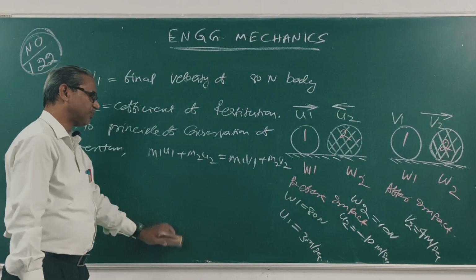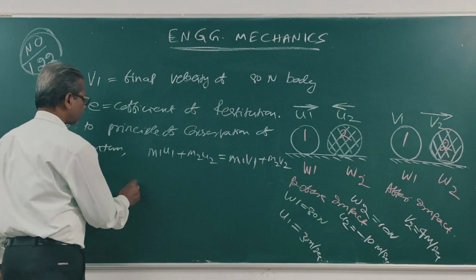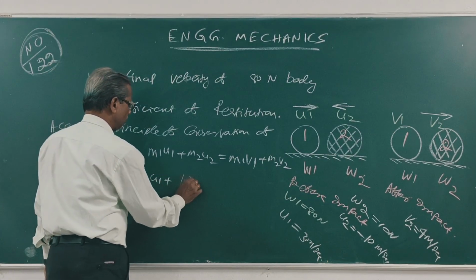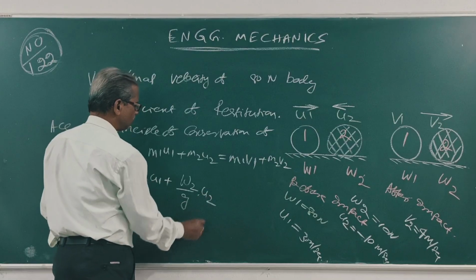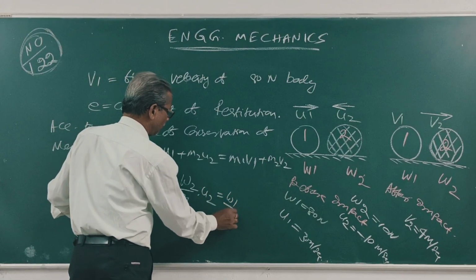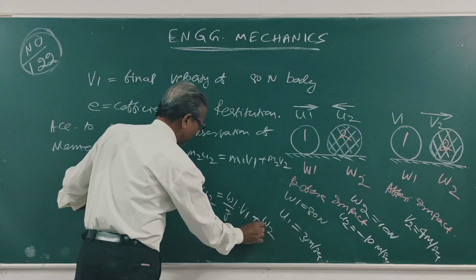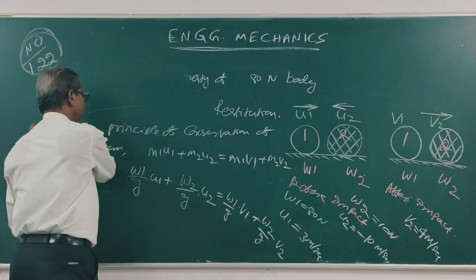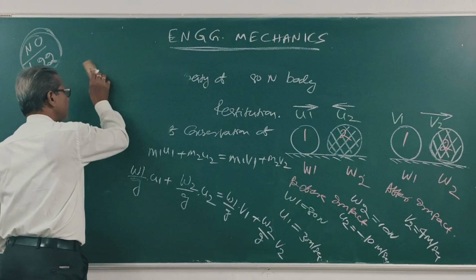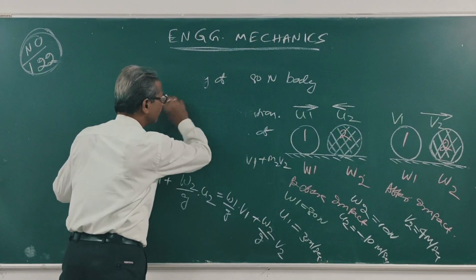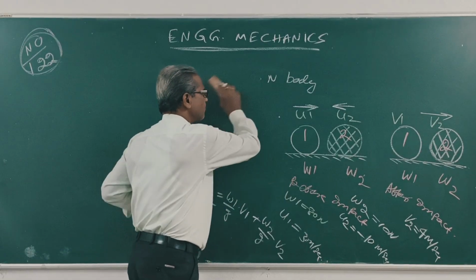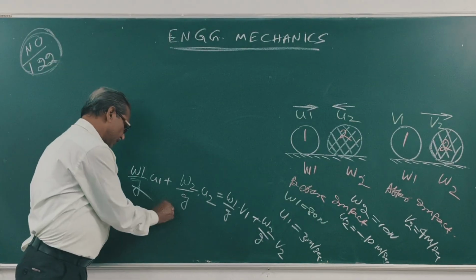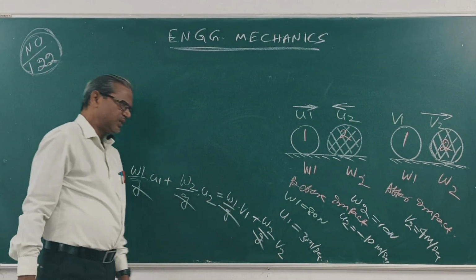Right? What is M1? W1 by G. What is M2? W2 by G. So W1 by G into U1 plus W2 by G into U2 is equal to W1 by G V1 plus W2 by G V2. Right? Now G cancels on both sides.